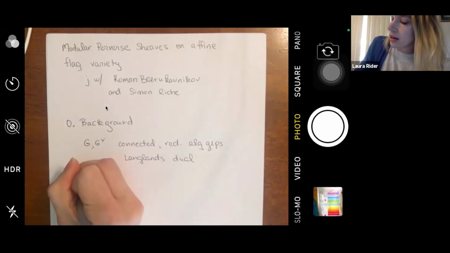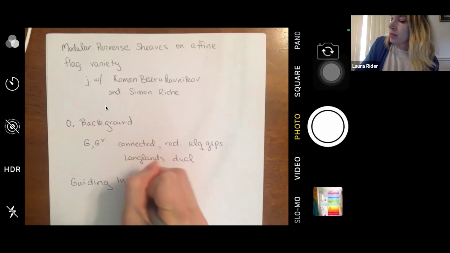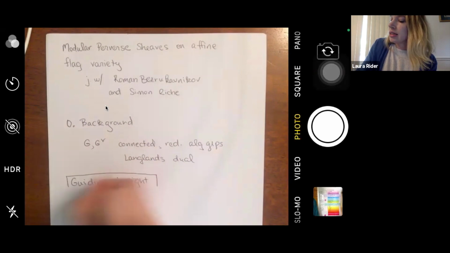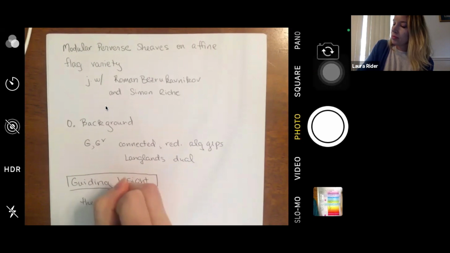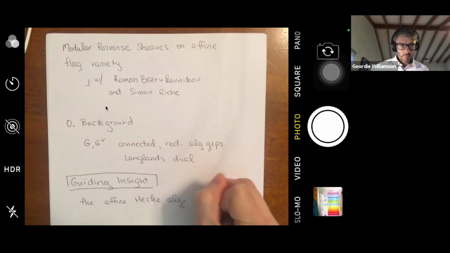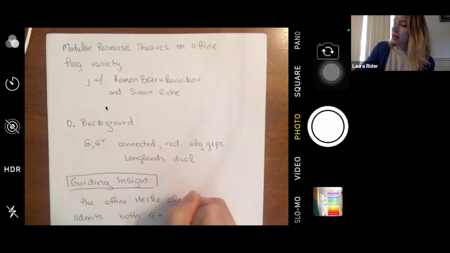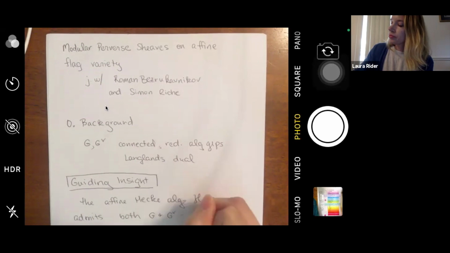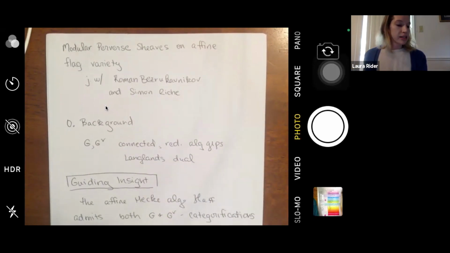And the guiding insight for what I'm going to discuss is that the affine Hecke algebra, I'll call this H, admits both G and G check categorifications. Okay, so I'll discuss those briefly.